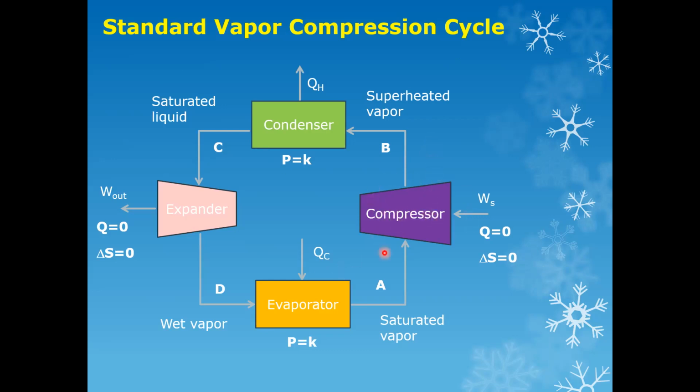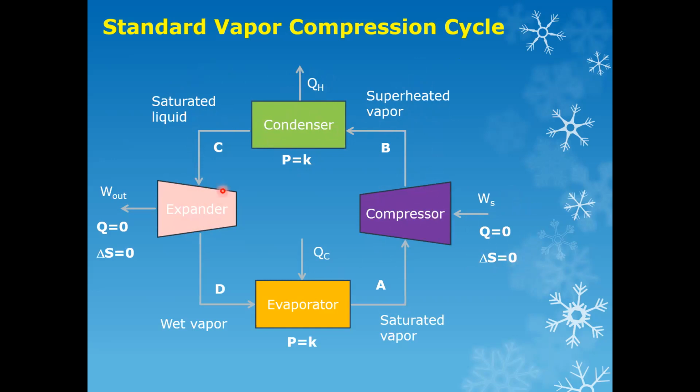Okay, so the compressor transforms our saturated vapor, now instead of just saturated vapor, to superheated vapor. Condensing at constant pressure releases the heat and transforms the vapor to saturated liquid. Now, instead of a turbine, we replace it by an expander.